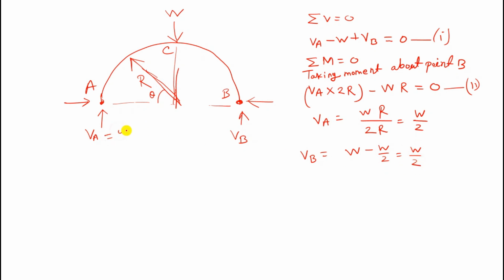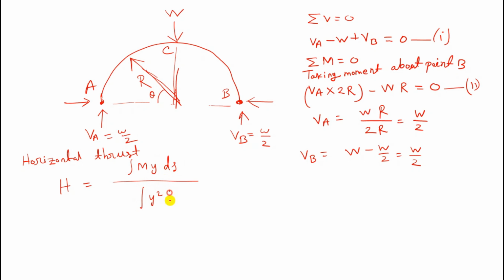So VA will be W by 2 and VB will be W by 2. Now the horizontal thrust H equals integration m y ds divided by integration y square ds.